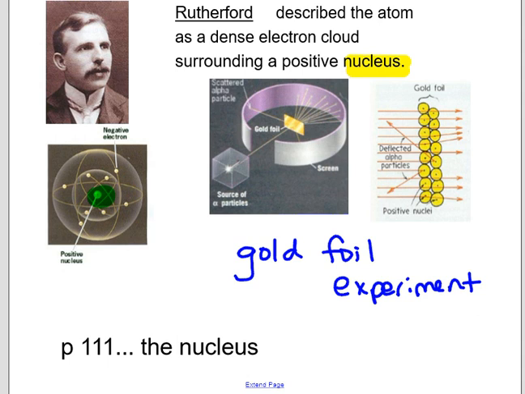So what he did was he took a source of alpha particles, here's the letter alpha, and basically these alpha particles from this radioactive source were shot through some gold foil. Now, the thing about gold is that it is a very malleable metal. You can pound it out very thin. In fact, you can pound out gold sheets to being only 1 or 2 atoms thick.